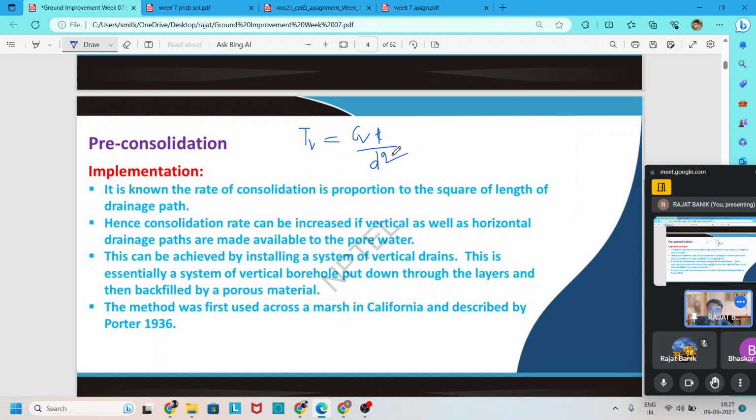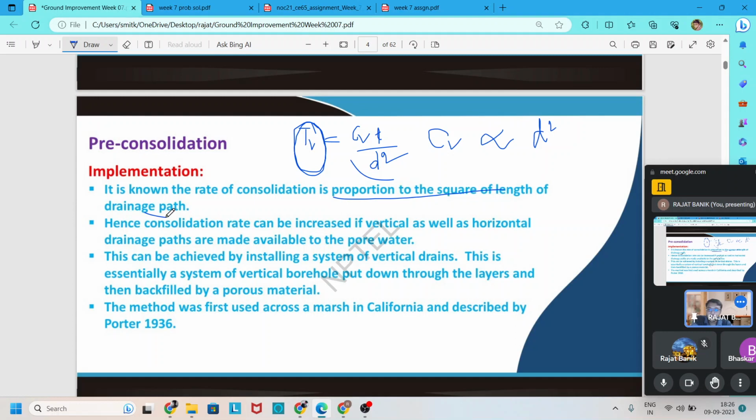The time factor is a constant for a particular soil. So by this equation, we see that the rate of consolidation, which is nothing but the coefficient of consolidation, is proportional to the square of the drainage path. So the first point is justified.